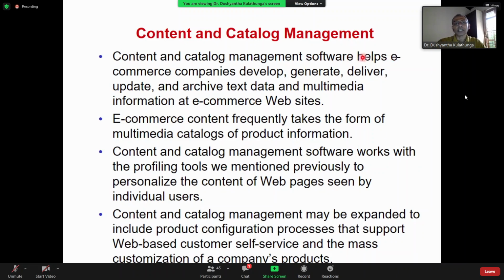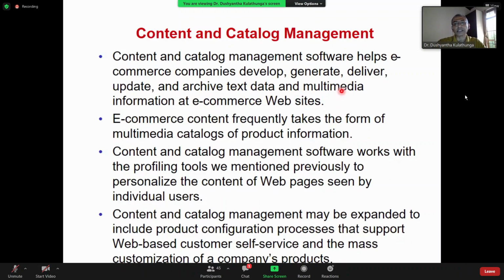Content and catalog management software helps e-commerce companies develop, generate, deliver, update, and archive text data and multimedia information at e-commerce websites. So content and catalog management software basically helps an organization to develop the necessary content for their e-commerce site. Now, content can be different content as highlighted here.